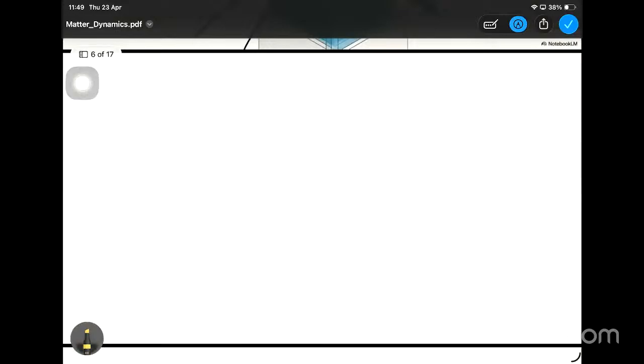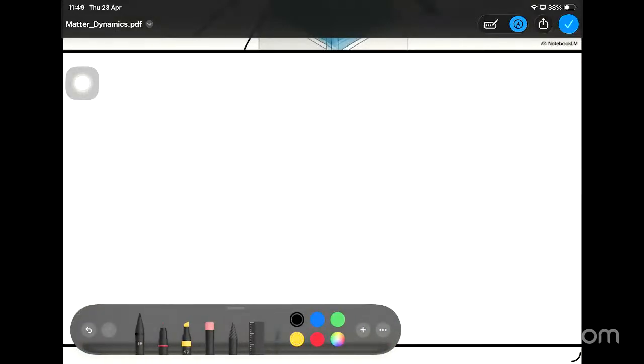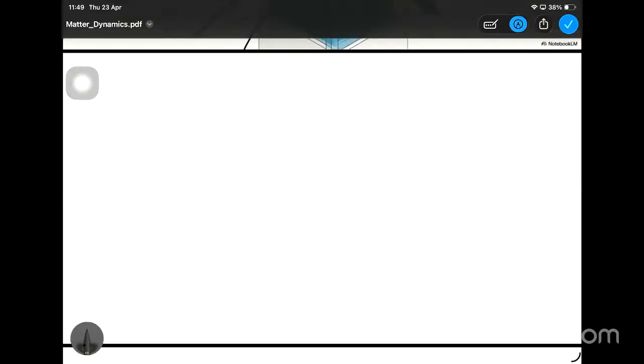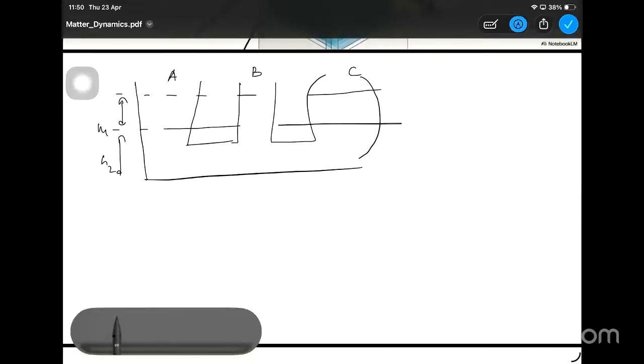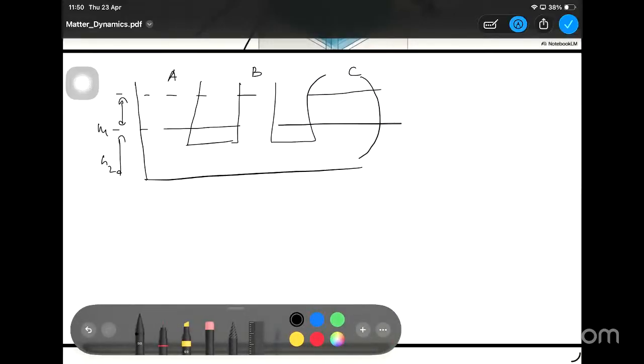And also remember, if we are using different shapes of containers, it doesn't matter actually. We discussed these things. So if this is the starting point, and this is H1 height and this is H2, all these points A, B, C are given in the theory note.